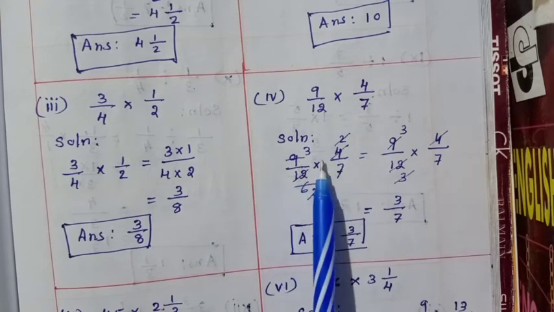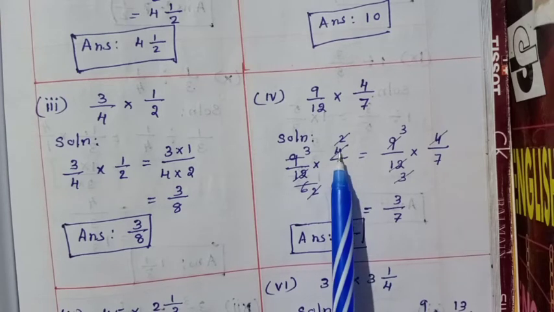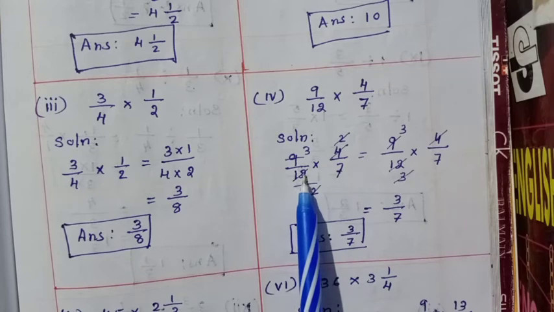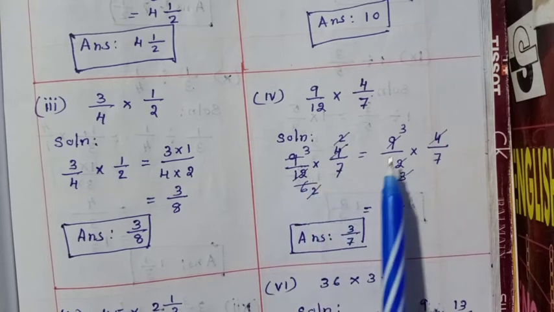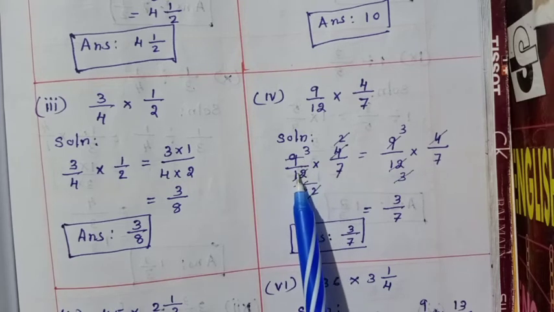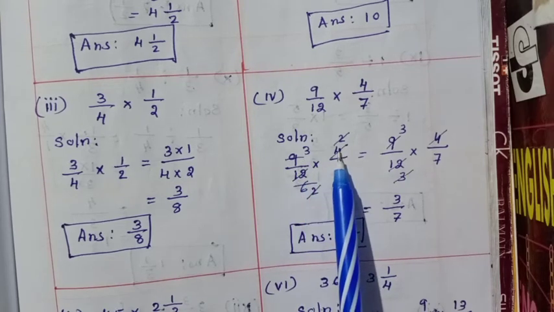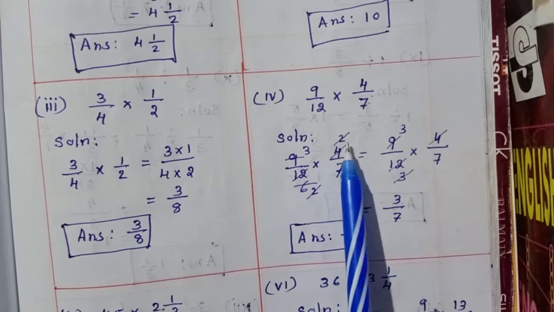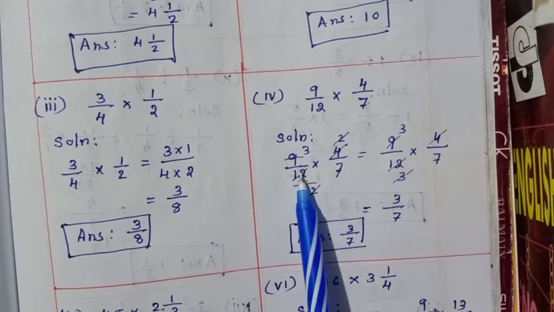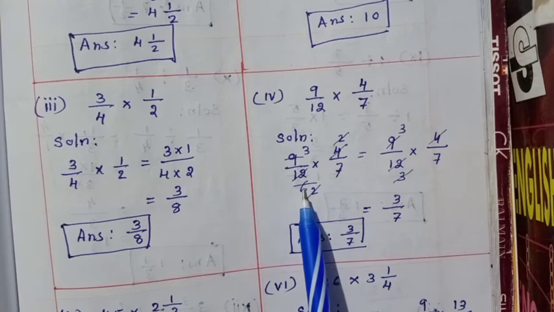So 9 by 12 into 4 by 7. Here 4 and 12 we can divide. 4 how many times in 12? So, two ways we can do this one. First, 12 and 4 we can divide by 2. 2 how many times in 4? That is 2 times. 2 how many times in 12? 6 times.